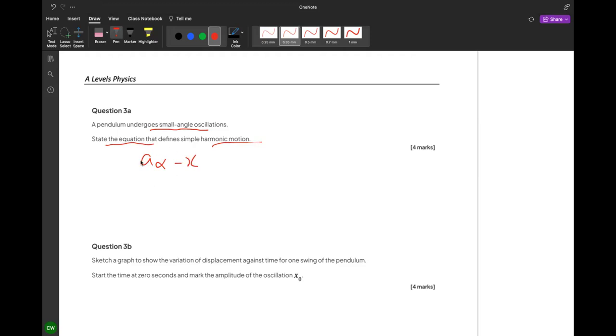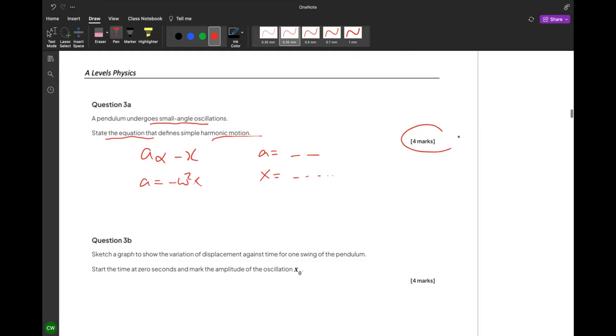So first mark, this one is the defining equation, or you can also write it in this form. Both can. Then you have to define A is acceleration, S is displacement. After that, you have to explain the equation.